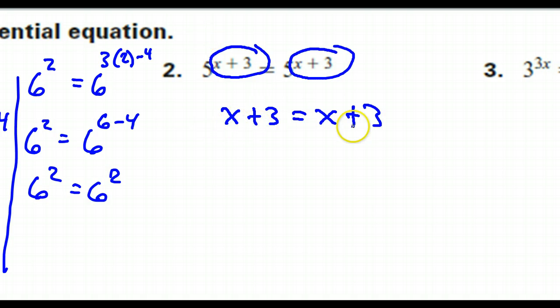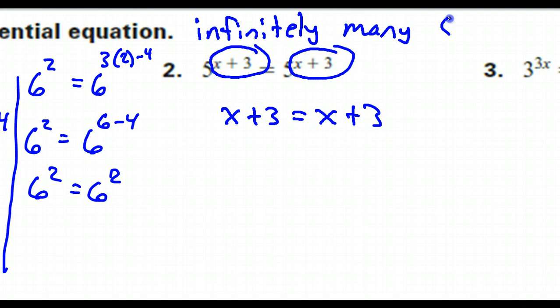When you have a statement that is just a statement of fact, like a equals a, or x plus 3 equals x plus 3, something equal to itself, that's a sign that there are infinitely many solutions. That doesn't happen very often, but watch out for that.